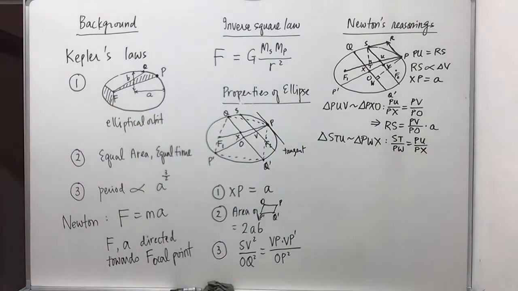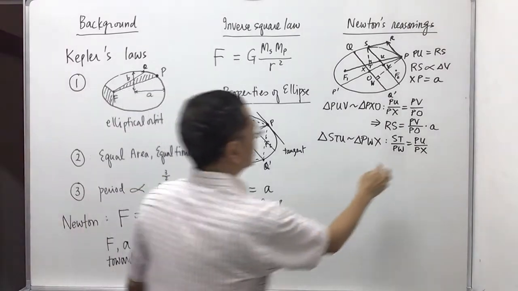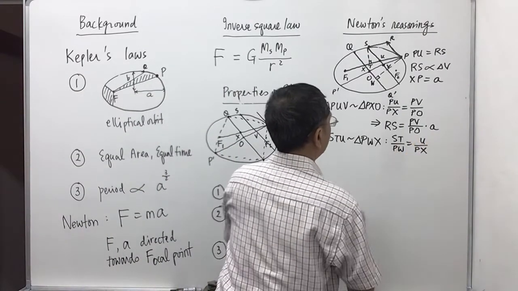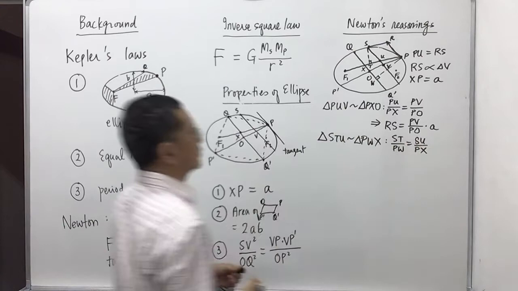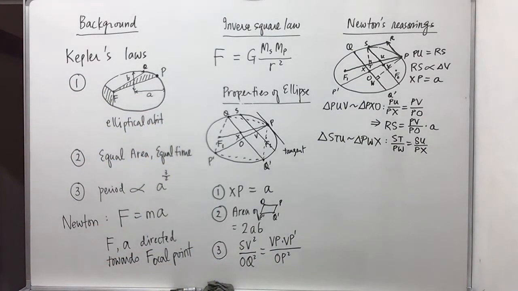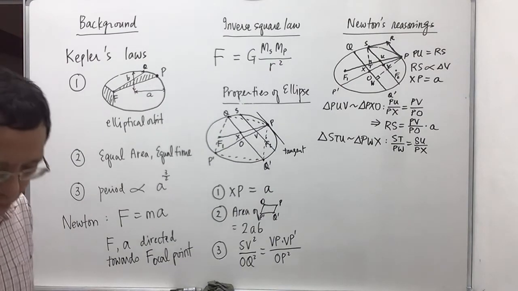And how are we going to make use of this to get another relationship? Well, we can rewrite SU this time. Oh, sorry, there's a mistake here. It should be SU. Right, ST over PW equals SU over PX. Yeah, got it right.